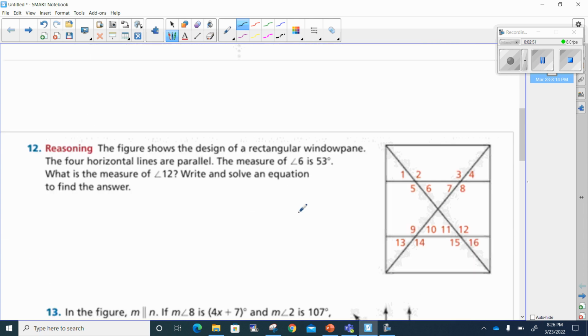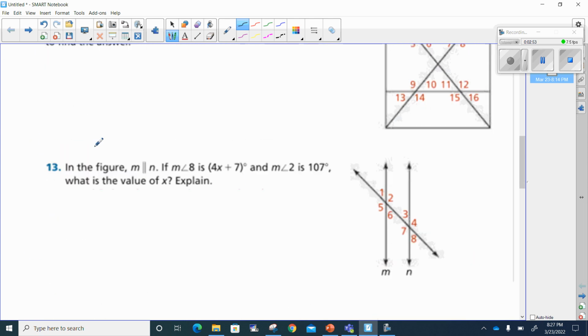Let's go to number 13. Number 13 says if the figure M and N are parallel, if the measure of angle 8, we have angle 8 here, is 4x plus 7.